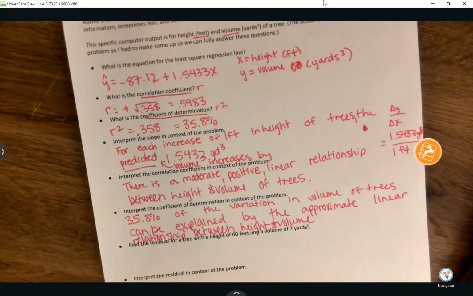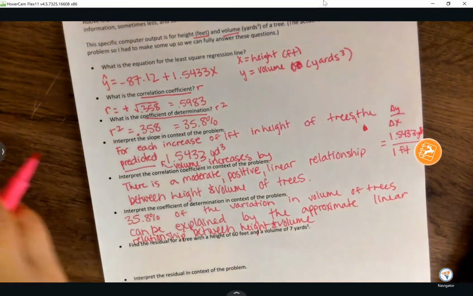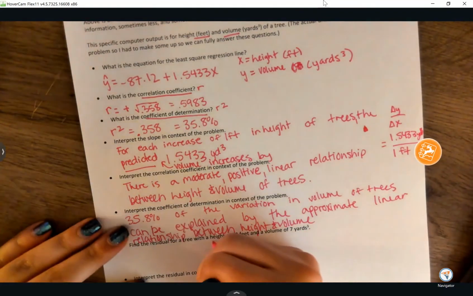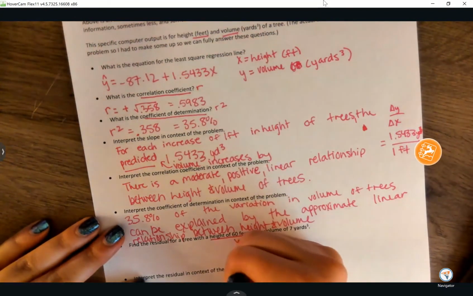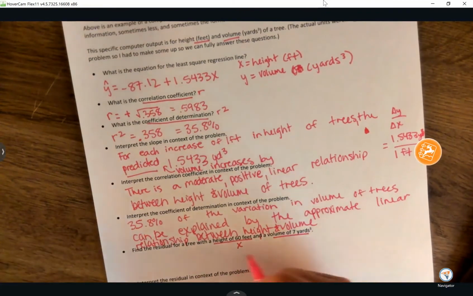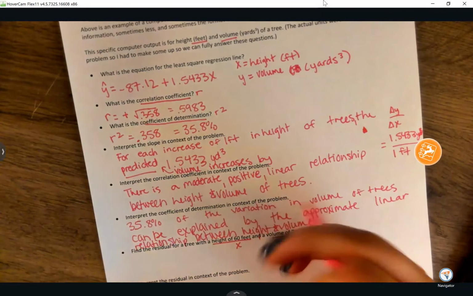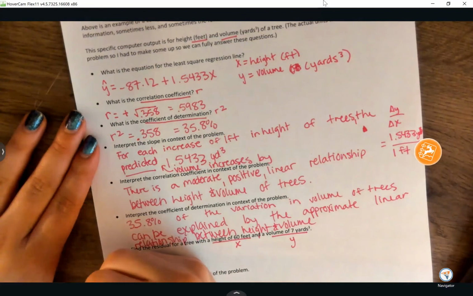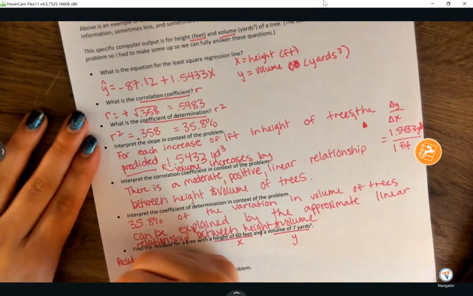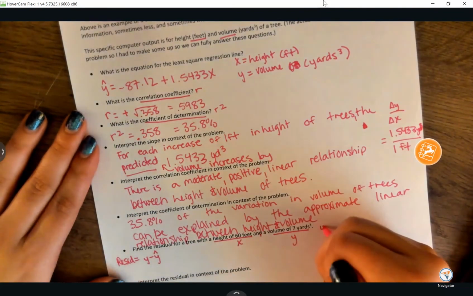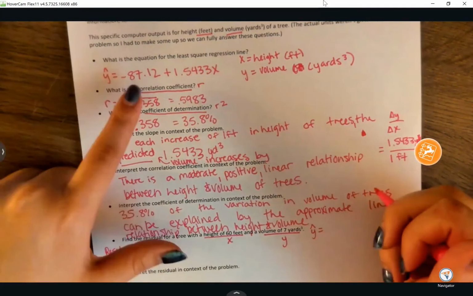Find a residual for a tree with the height of 60. So remember, height is our x variable, and a volume of 7 yards cubed. So they're saying the actual height is 60 and the actual volume is 7. So since it's the actual volume, that's y. You should recall a residual equals y minus y hat. So to figure out y hat, I plug x into my equation from earlier.